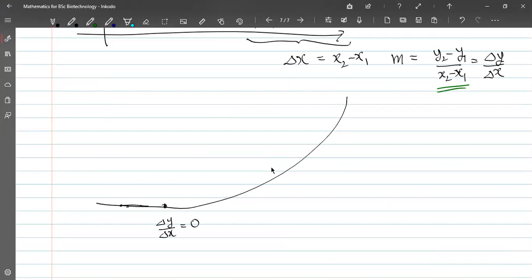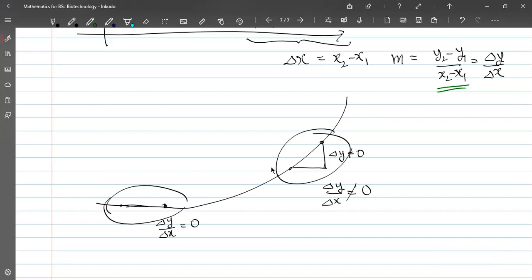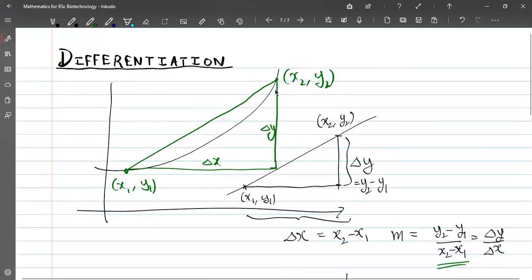So delta y by delta x is 0 if you measure it with these 2 points. Whereas over here, clearly it is non-zero. You have some delta y which is not 0, so delta y upon delta x is also not 0. These are different because you measured them at different parts of the curve. So that's what is going to happen here also. As you measure the slope at different points, the slope is going to change.